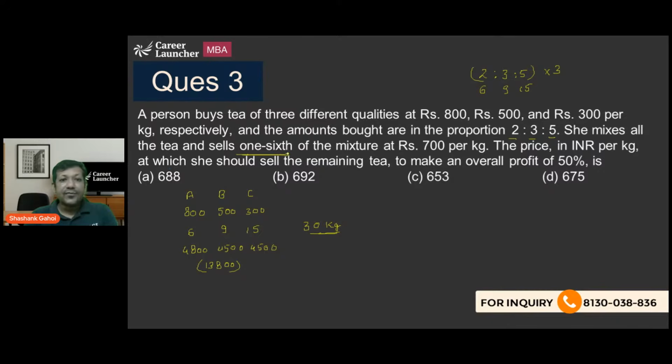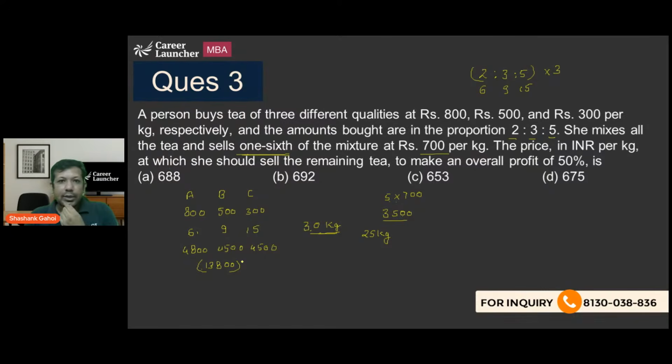Now he sells 1/6 of the mixture at 700. So 1/6 is how much? 5 kgs. He is selling 5 kgs at 700. So he is getting a total amount of 3,500. So out of 30 kg, he is selling 5 kg and he is getting 3,500. So how many kgs are remaining? That is 25 kg. And how much additional?